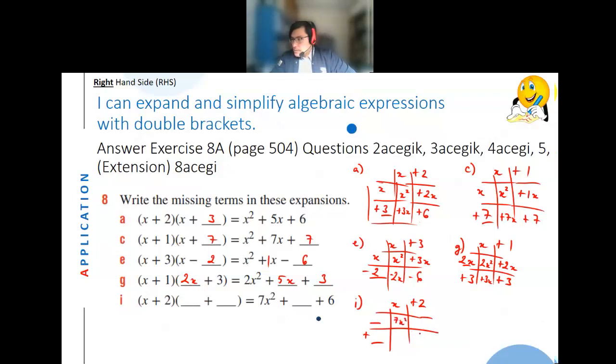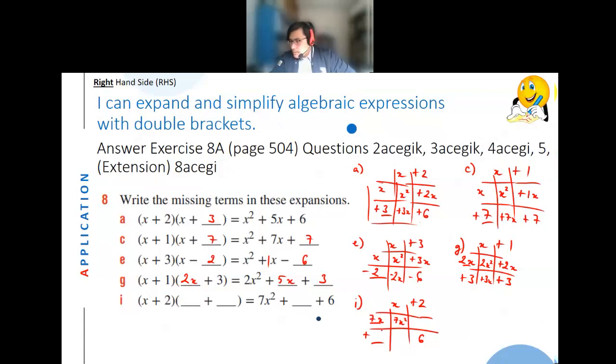We don't know what these two are going to be, and then we've got 6 here. So some deduction work here. We want x squared, so there has to be another x there. x times x is x squared. And we want a 7 as well, so that's 7x.